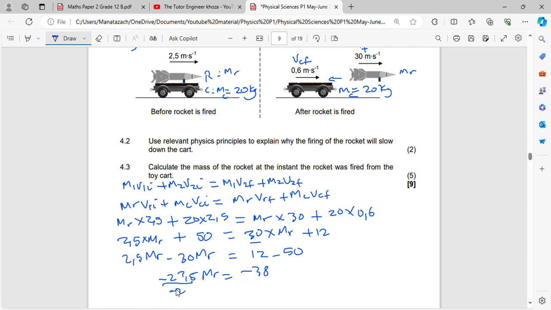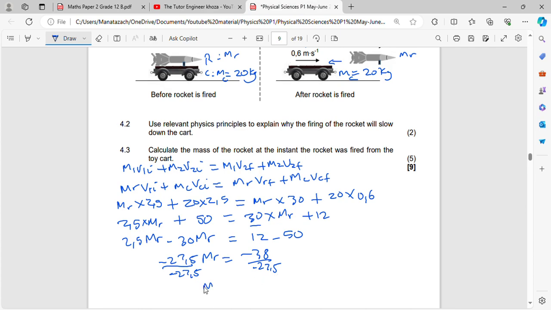And divide by minus 27.5 on both sides, which will give me the mass for the rocket. So the mass for the rocket is 1.382 kilograms.